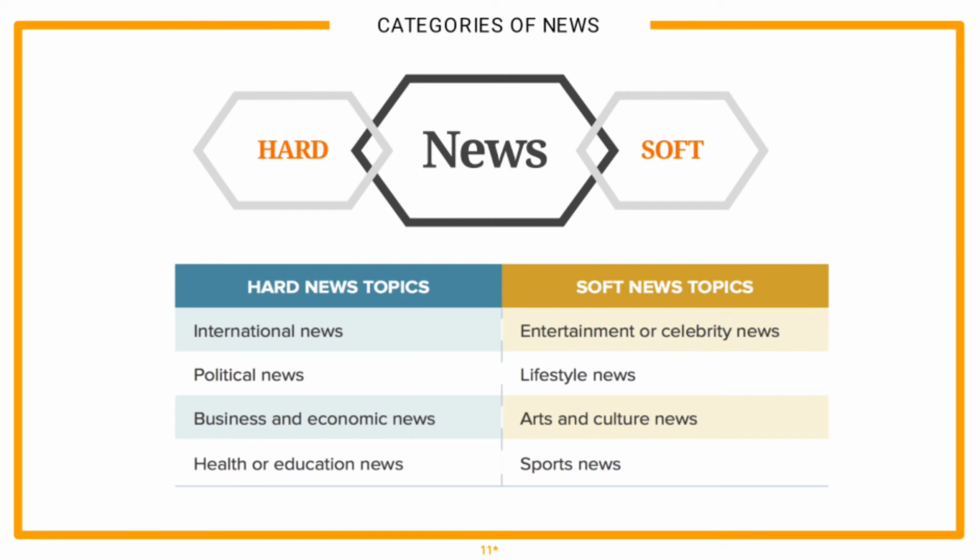And lifestyle news on how Nadine Lustre maintains her body and how Dieter Ancheta gained six packs of abs. Just kidding. And arts and culture news, sports news, a news about the achievement of Heidelin Diaz, no? And those are just examples of hard and soft news.